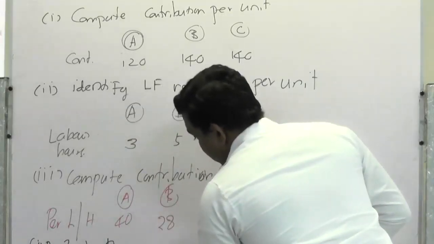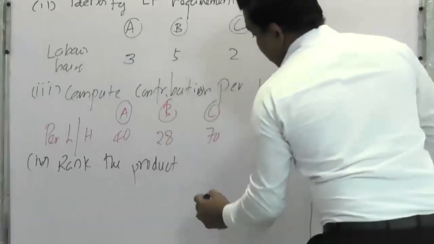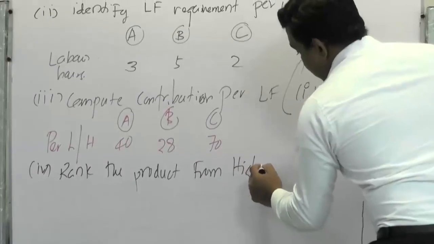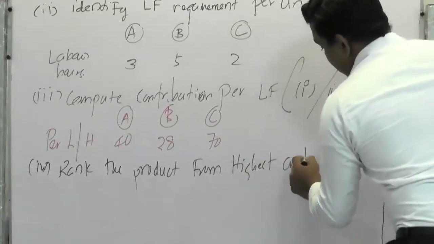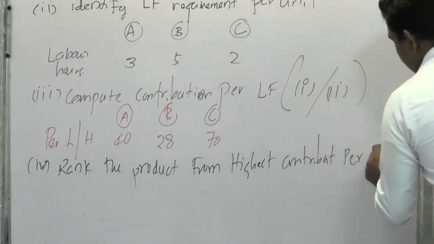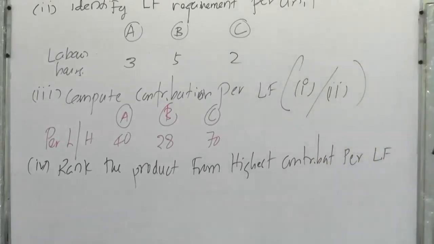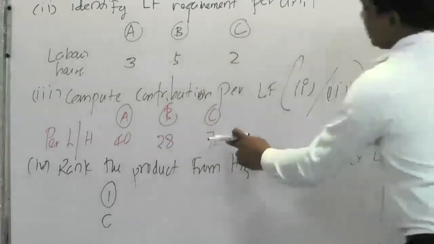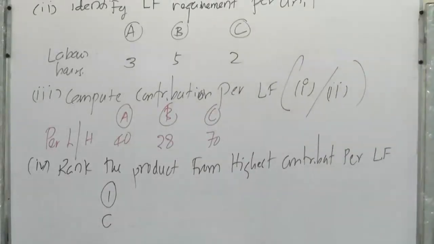the product. You have to rank the product from highest contribution per limiting factor. Therefore, number 1 will be product C, highest contribution per limiting factor.